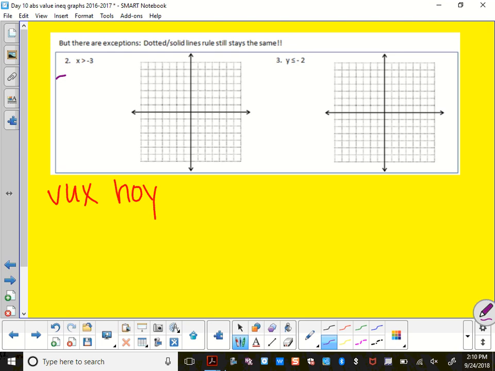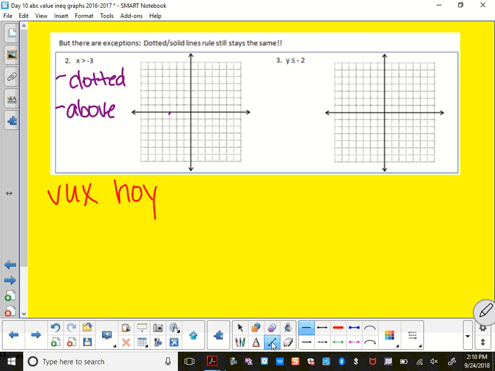All right, so what kind of line do I have here? Do I have dotted or solid? Dotted line, because it's just greater than. And then what about above or below? Above. Okay, so what we're going to do is put a point on -3 on the x-axis, right there. So I'm going to draw a vertical line straight up and down.